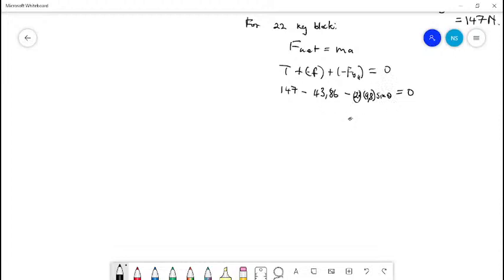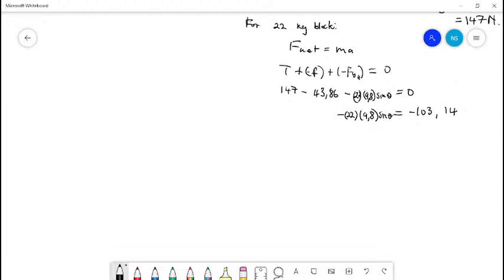Then we take all the constants to the other side, and we have 147 minus 43.86, which is 103.14, equals minus 22 times 9.8 sine theta.